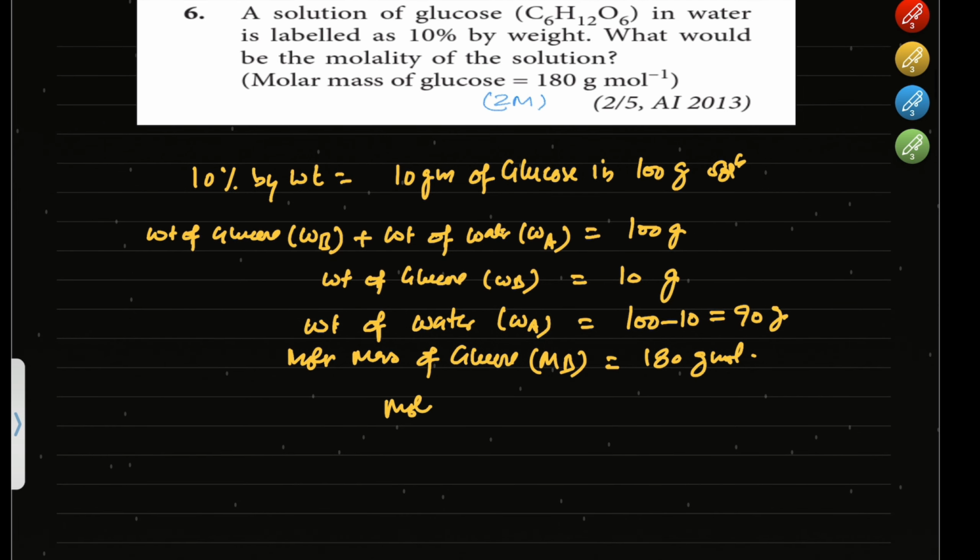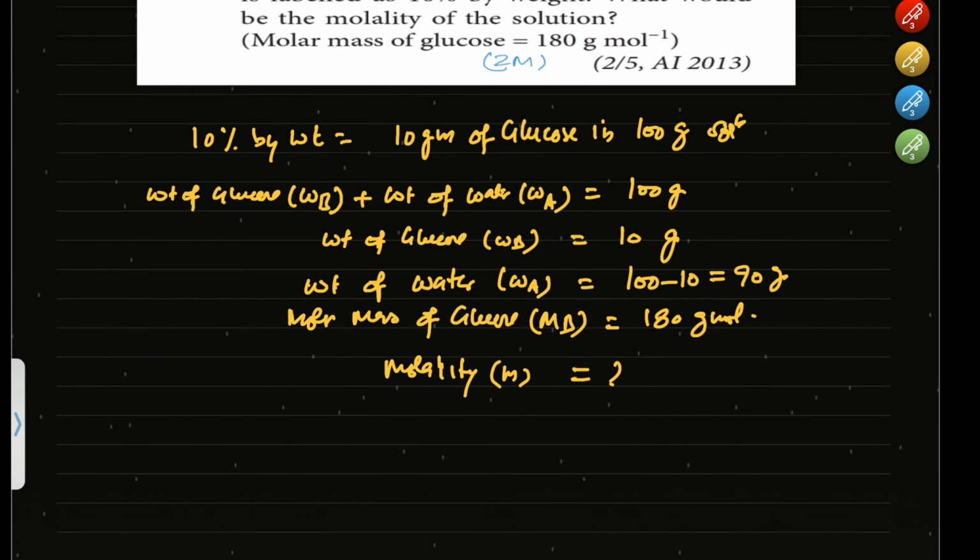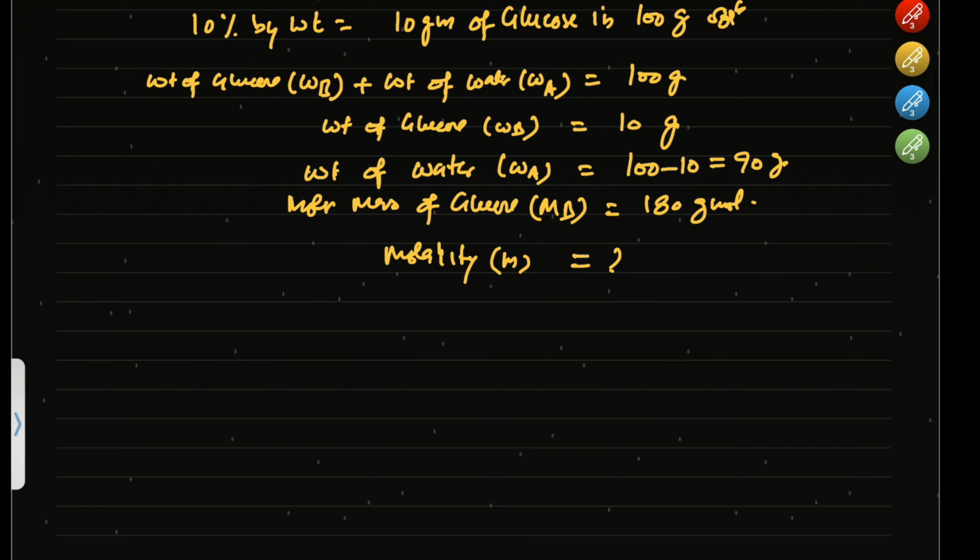So molality, represented by small m, what will it be? Molality small m is equal to weight of solute WB upon molar mass of solute capital MB.